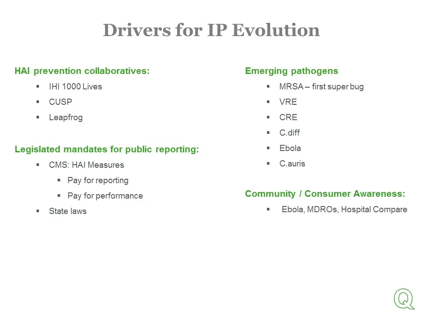There are many drivers that influence the evolution of infection prevention. As we saw in the timeline, public reporting mandates and HAI prevention collaboratives, such as the IHI 1000 Lives and CUSP, broadened the infection prevention role, emphasizing performance improvement, leadership, and paving the foundation for implementation science.